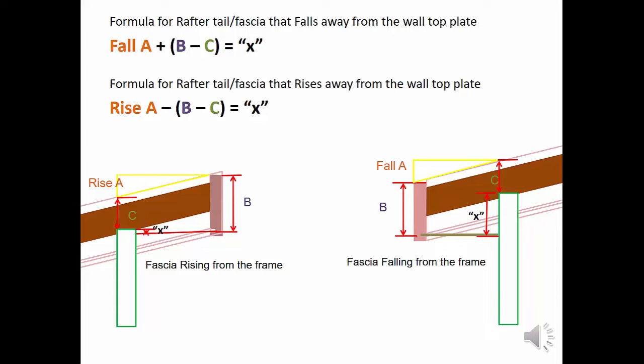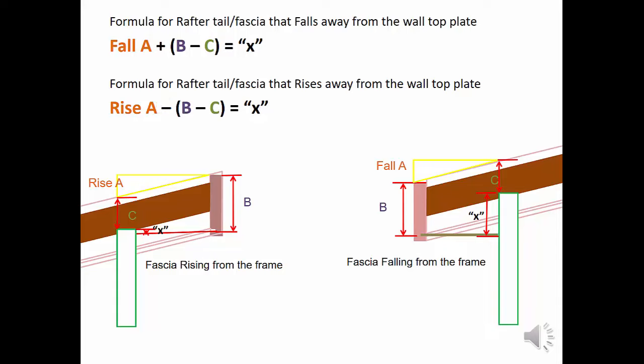However, for the next example where rafter tails rise away from the wall frame, the brackets are definitely necessary. So I've included these brackets just to keep the formulas consistent, and that way there's only one thing that is different with the formula, and that is rather than fall A, it is rise A, and rather than plus and then bracket, it's actually minus bracket.